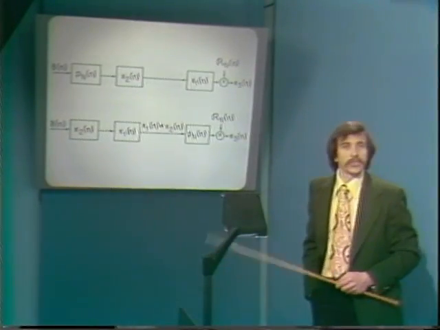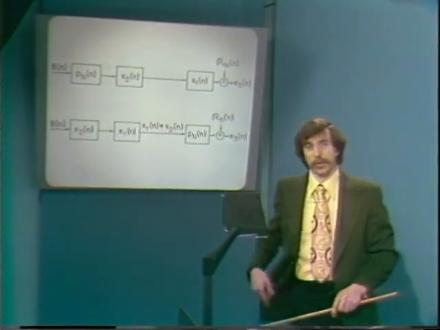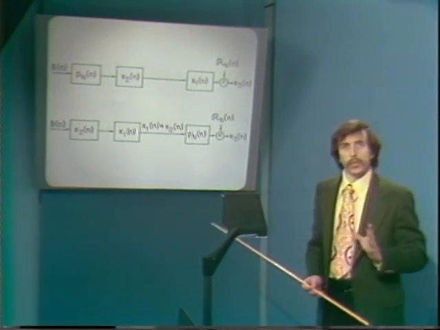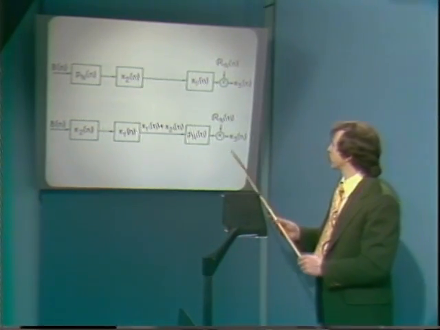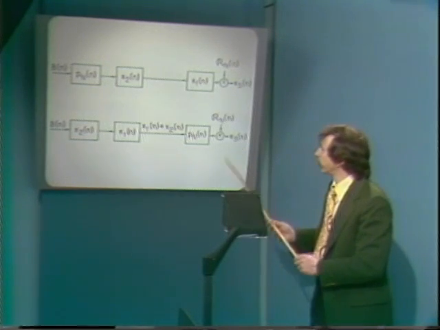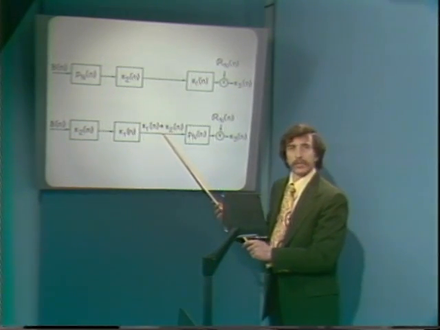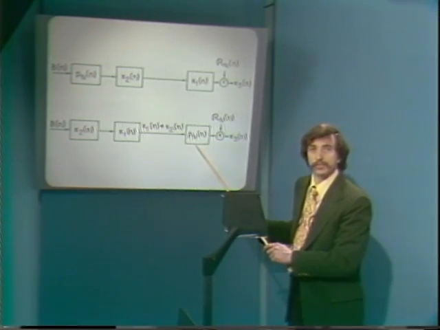And the way to say it in words, this isn't exactly correct, but more or less, is that the circular convolution can be formed from a linear convolution plus aliasing.